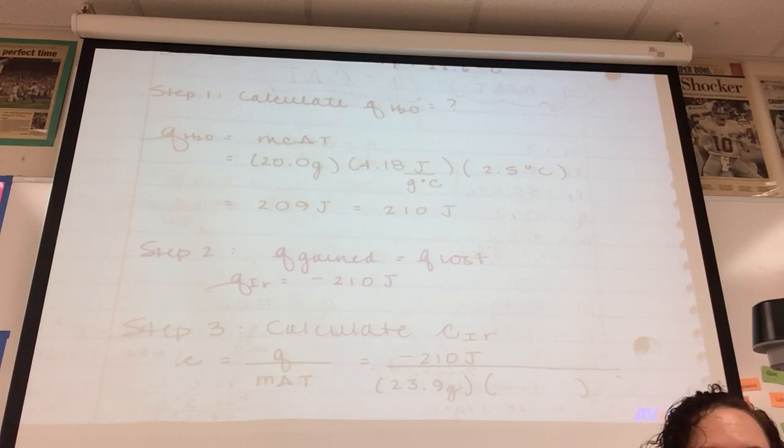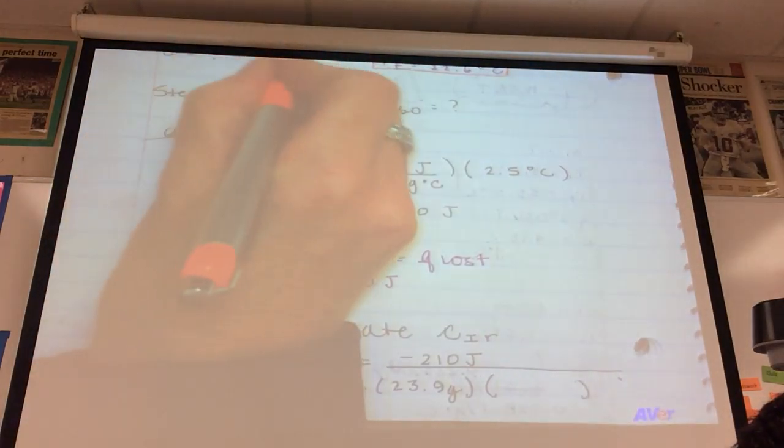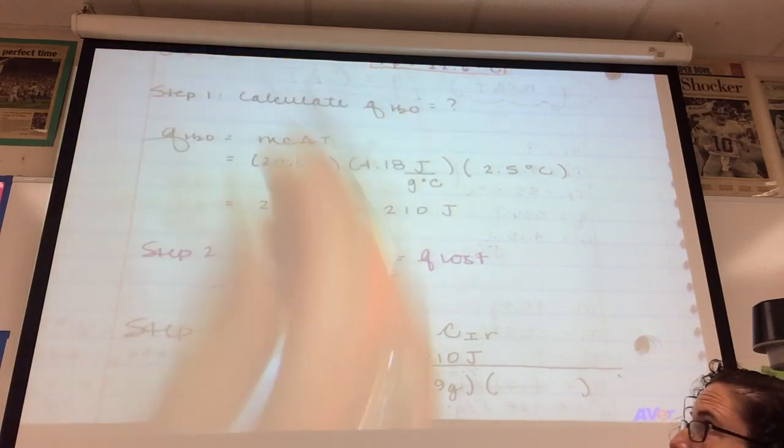I have to calculate it. Don't we have to use the formula with the grams and reverse it? Go ahead. The TF from water minus the TF from the metal. Why can you use the TF from the water? Use the T for both. Exactly. So, you're going to use the final temperature, because that's for both, minus the initial temperature here.